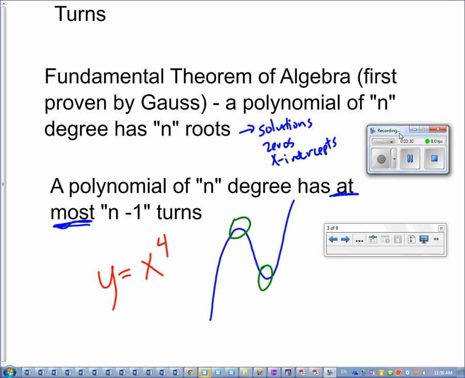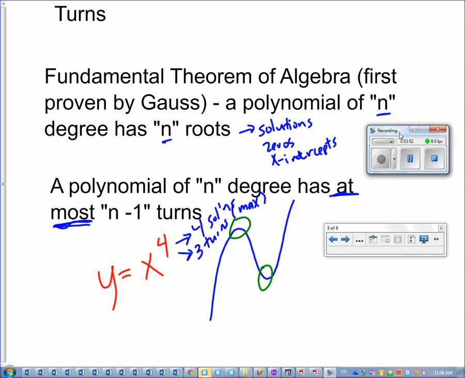That's the n that is coming up in the fundamental theorem of algebra. So it has 4 solutions, or roots, or zeros, or x-intercepts. And then it has 1 fewer turns, so it has 3 turns as a maximum.